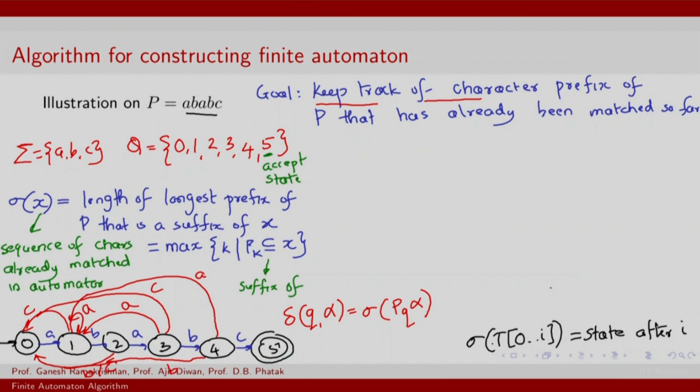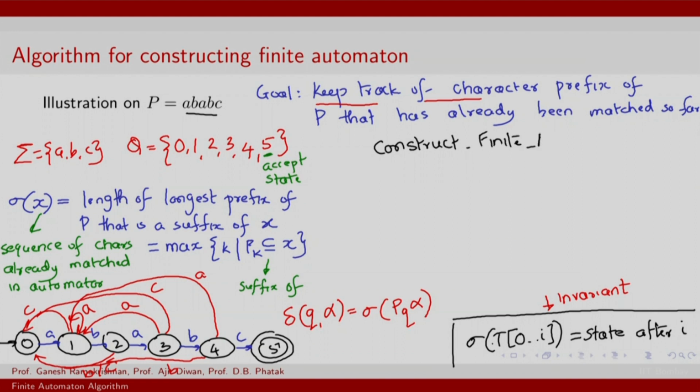And here is the algorithm that will help you maintain this invariant. So let us call this algorithm construct finite automaton for a given pattern P with sigma.